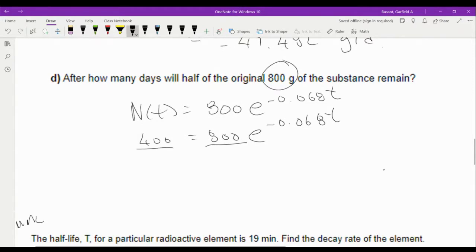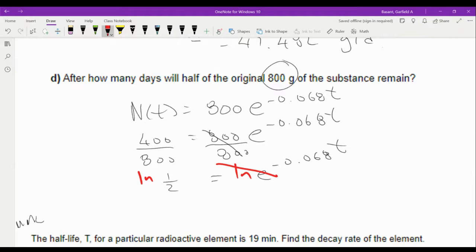So we divide by 800, which ends up being 1/2, and this becomes e to the negative 0.068 t. Then we're going to take the ln of both sides, and this just cancels out. So we're left with negative 0.068 t is equal to the ln of 1/2.